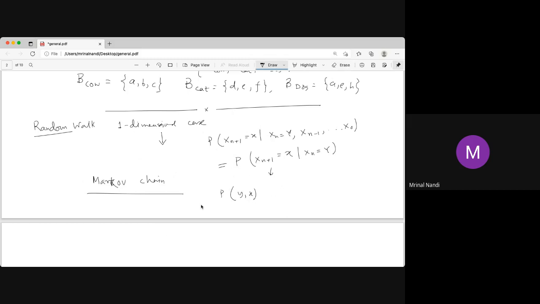It is characterized by this: if I know all these p_yx for all x and y belonging to the state space. This is called the state space, which is the union of the ranges of X_n, and if it is continuous, the support. The sequence is discrete, X1, X2, ..., Xn, but the output of the X_n may be continuous.